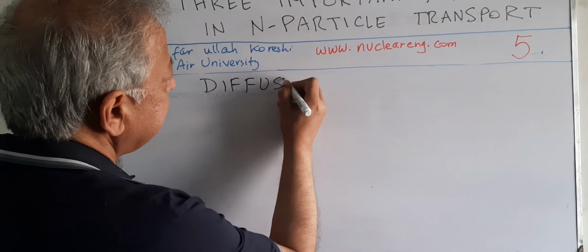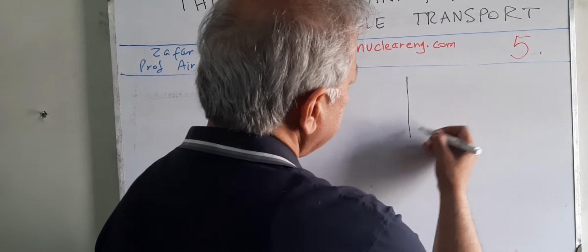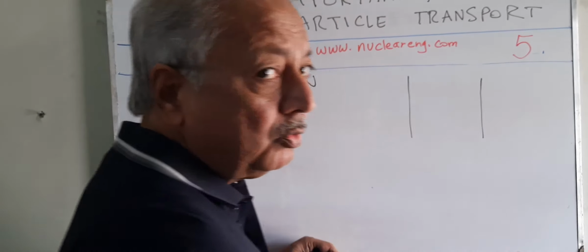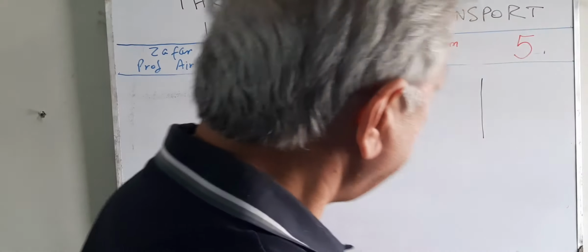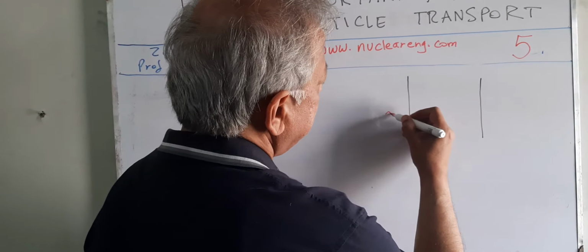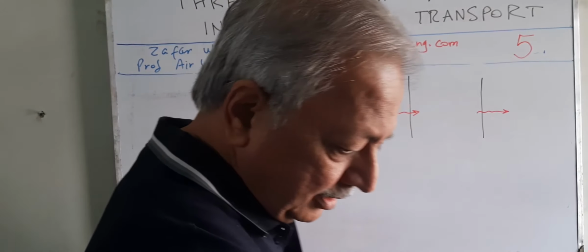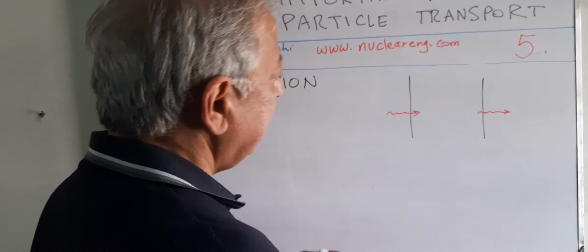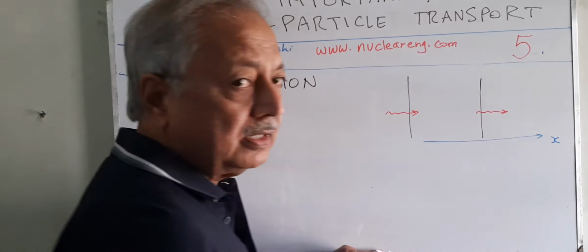Now, very simply, I would like to start off by imagining two walls. And across these two walls, imagine that particles come in like this and go out like that. We're just talking about a 1D space, so the x coordinate.